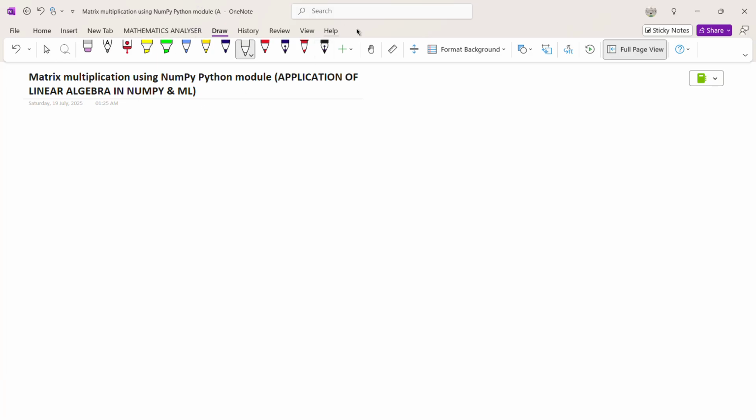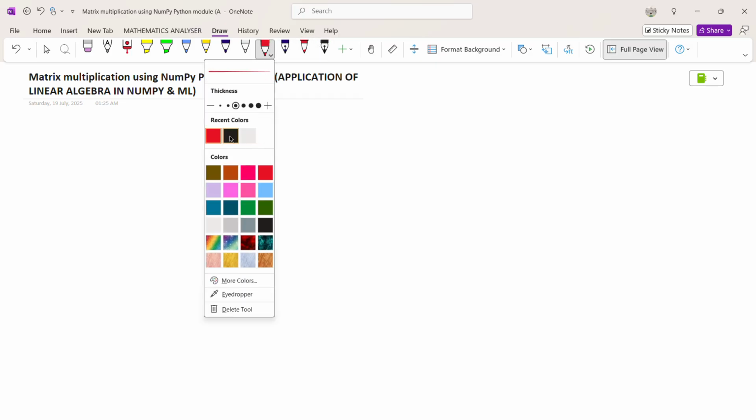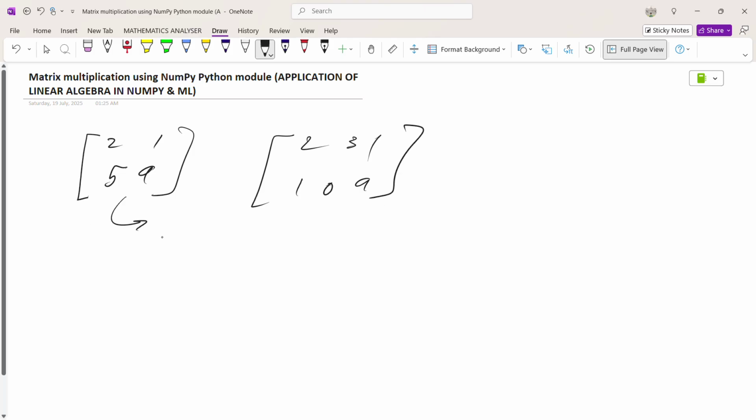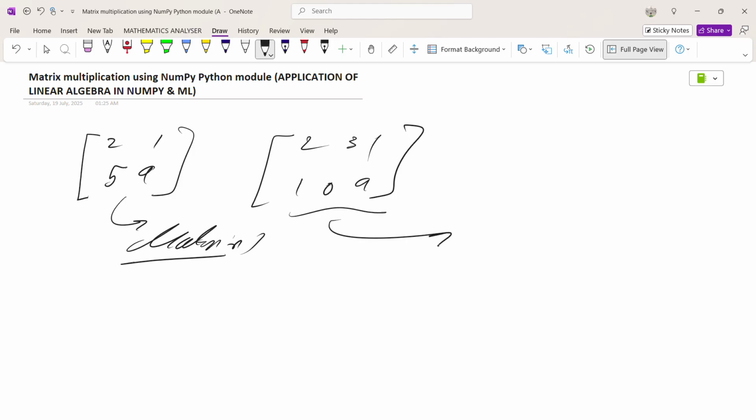Our first matrix was 2, 1, 5, 9, and the second matrix was 2, 3, 1, 1, 0, 9. So this was matrix 1, and this was matrix 2.